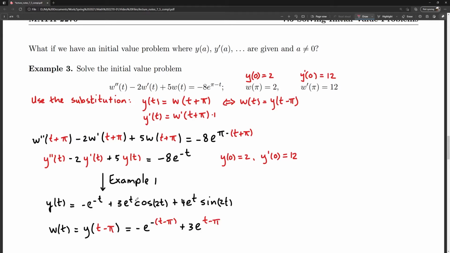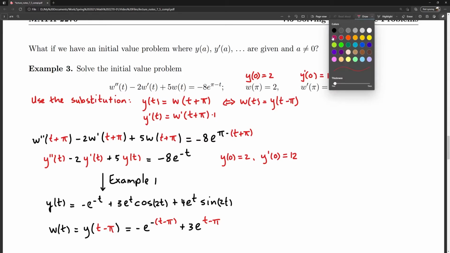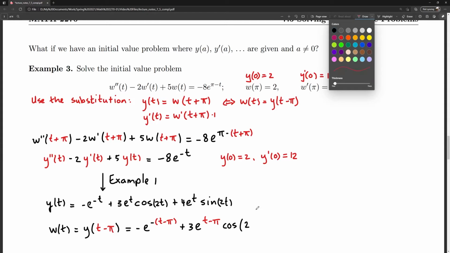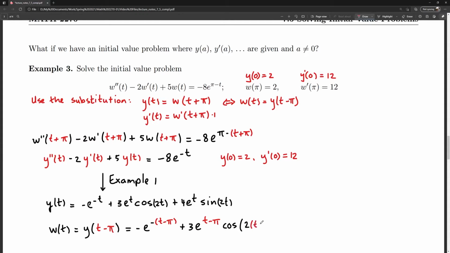And then we have cosine of 2 times t minus pi.